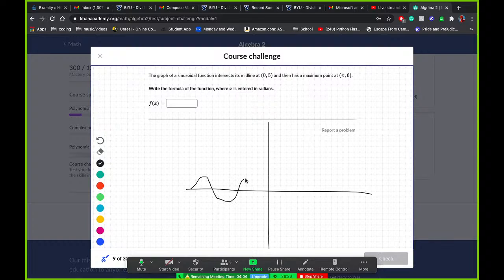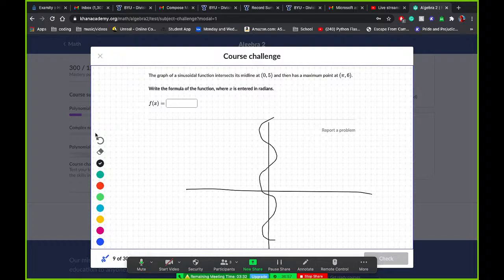So that's like a wave, right? You know what a sine wave looks like, right? Oh, it looks something like this. And it says that the maximum point, and I think it would be flipped like this instead. Because I think it would. Maybe.